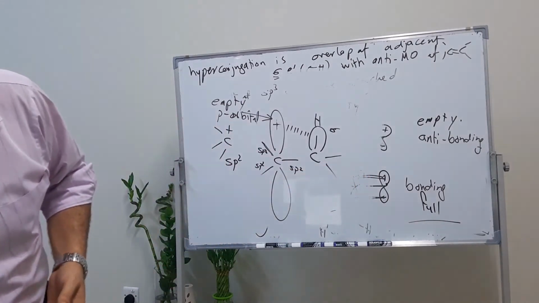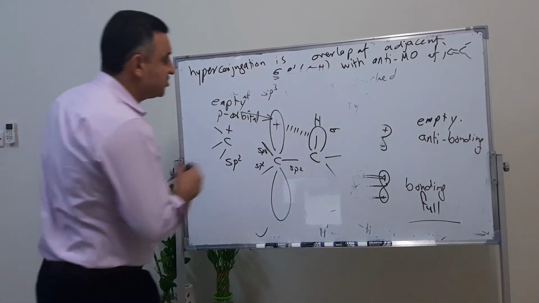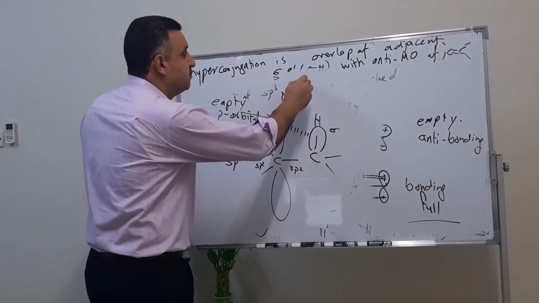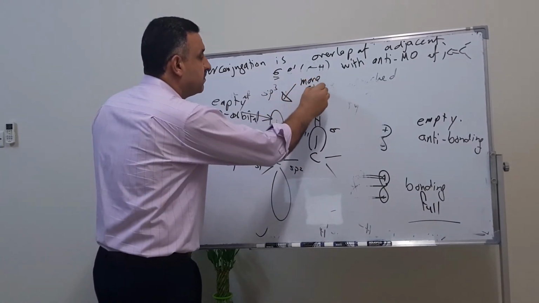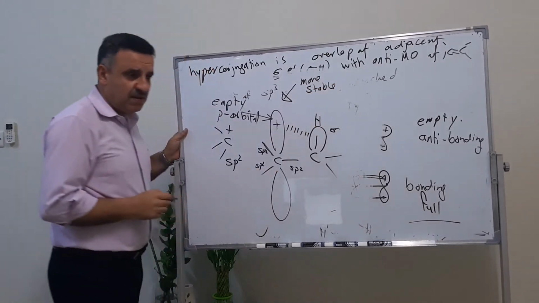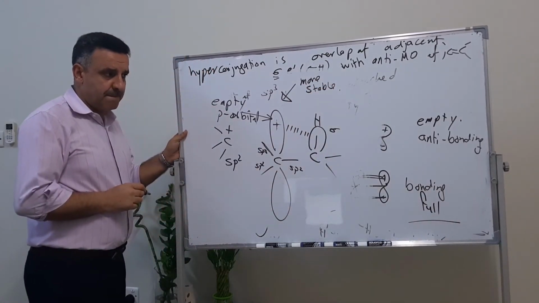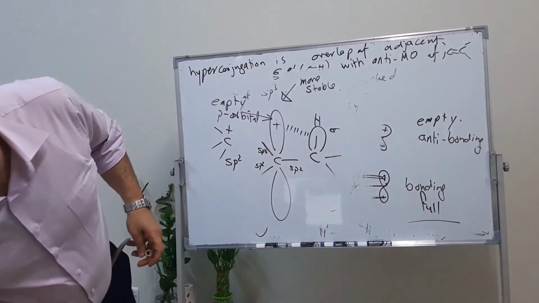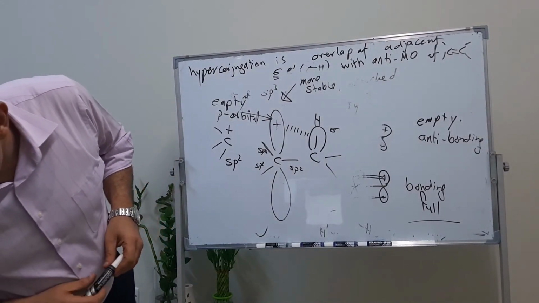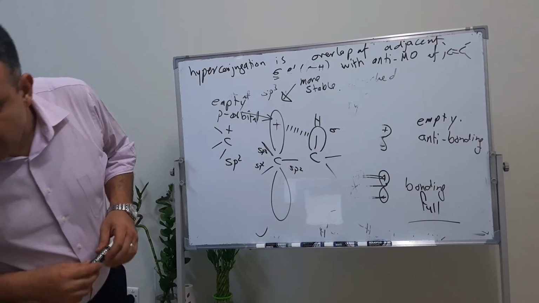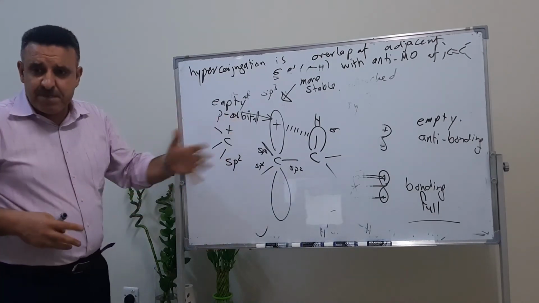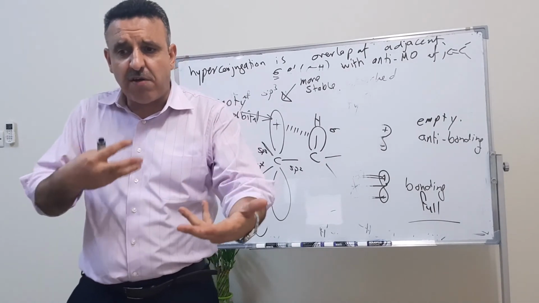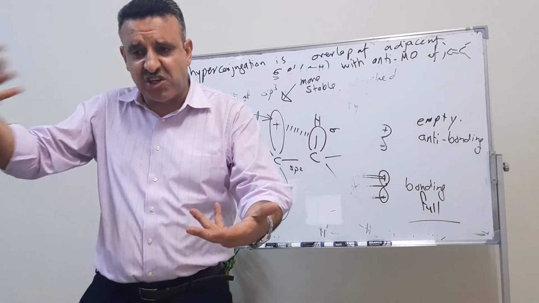And therefore this carbocation becomes more stable. Do you follow me? So this is a clearer example of what we mean by hyperconjugation.